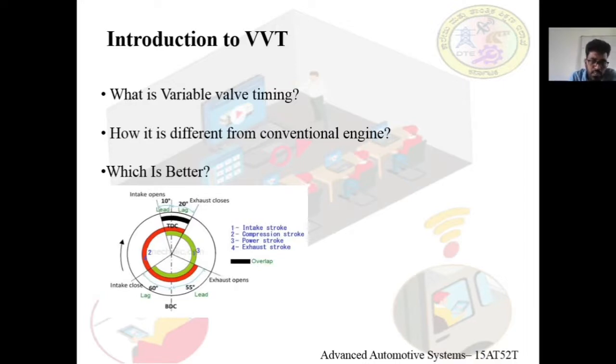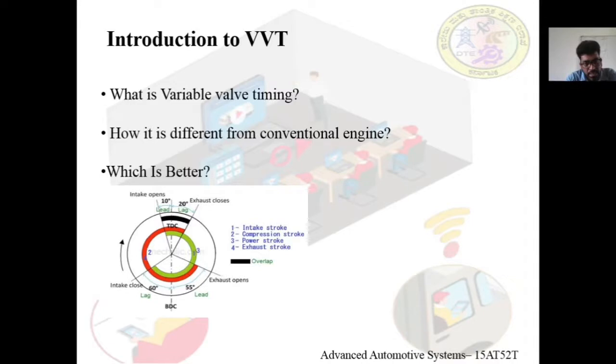And for high speed, what happens? It may open in advance, that is, 20 degrees before TDC. It may open according to the speed.